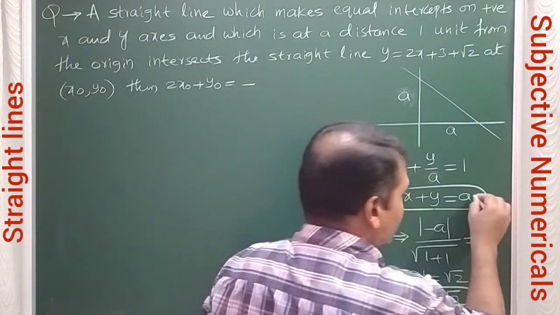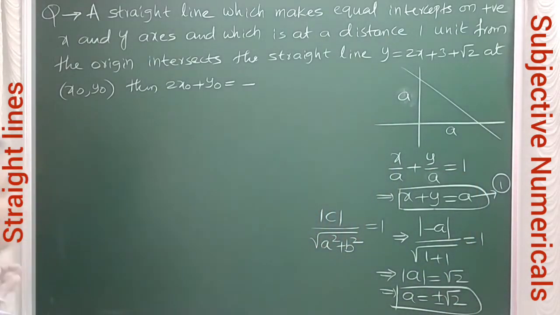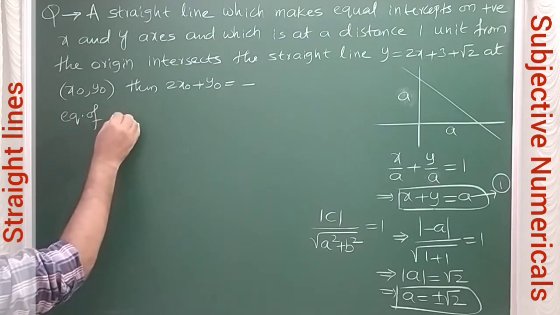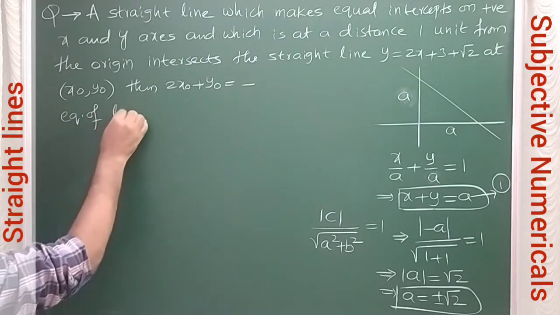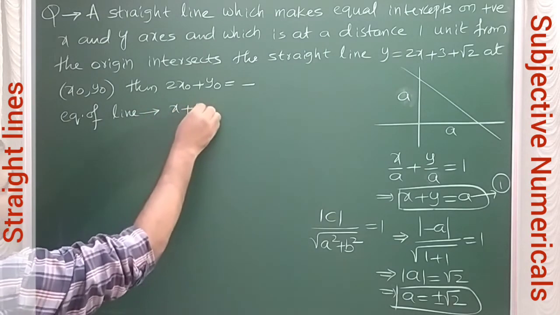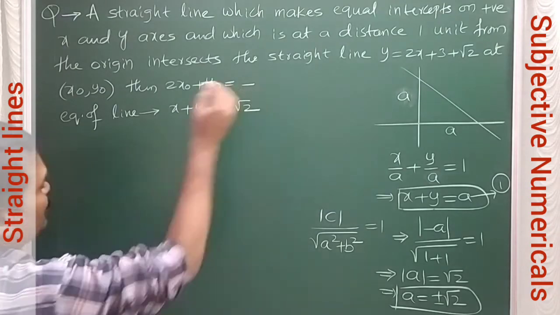Substitute in equation 1. Then what is the required equation now? So the equation of the line becomes x plus y is equal to plus or minus root 2.